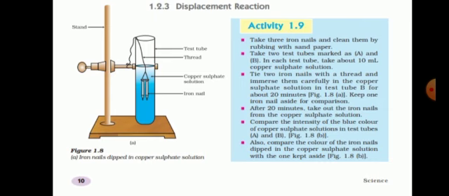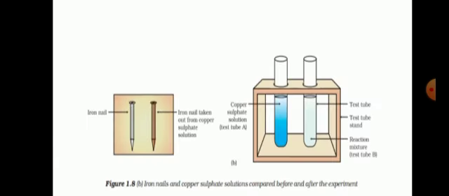As you can see from this image, this is the diagram for your activity 1.9, and I hope you understood this activity. You can see the iron nails and copper sulfate solutions compared before and after the experiment. This is the before picture, and on the right side it is the after picture.